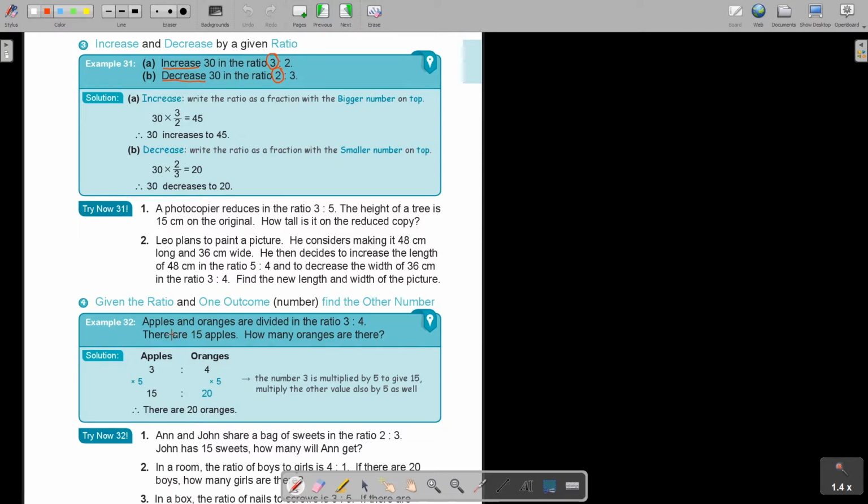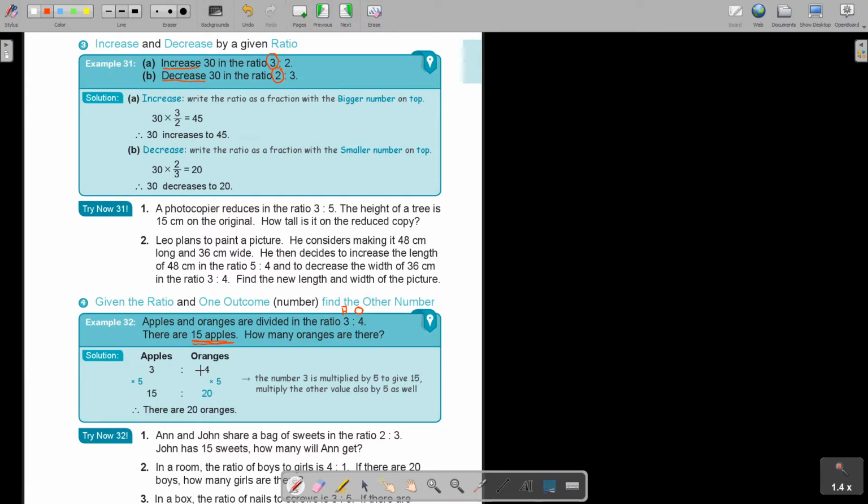If I'm saying apples and oranges are divided in the ratio 3:4. Okay, let's just go back again. There are 15 apples, and this is very important. That's not the total. That's just apples. It's just one, because this is apples and this is oranges. So they're just giving you the apples. So what are you going to do?